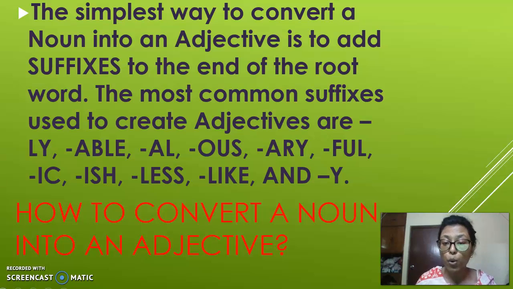And the most common suffixes to create adjectives, as we discussed earlier, let us repeat once again: ly, able, al, ous, ary, ful, ic, ish, less, like, and y. So these suffixes can change a noun into an adjective.